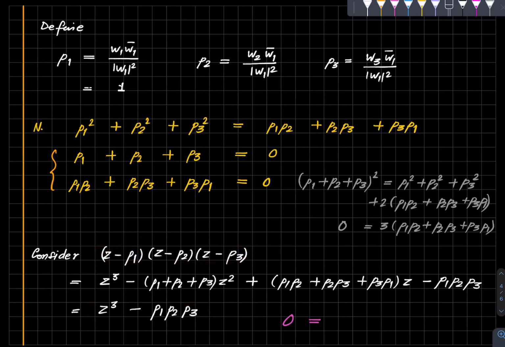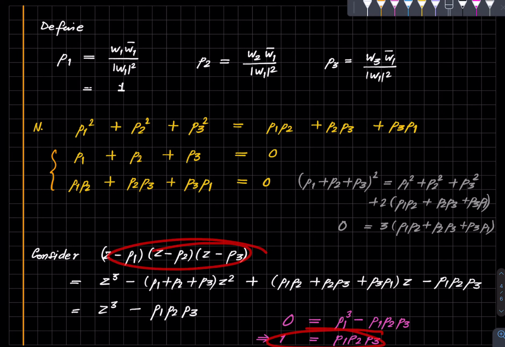So therefore what we get is 0 equals p1 cube minus p1 p2 p3, but p1 is equal to 1, right? So that means 1 equals p1 p2 p3. So that's what we reduce, and hence using this equation, what we can write is z minus p1, z minus p2, z minus p3 equals z cube minus 1.